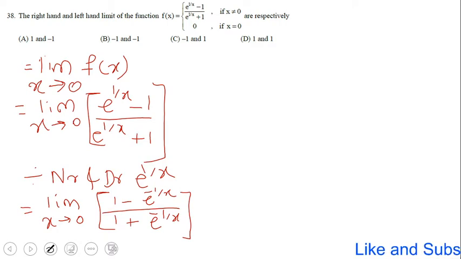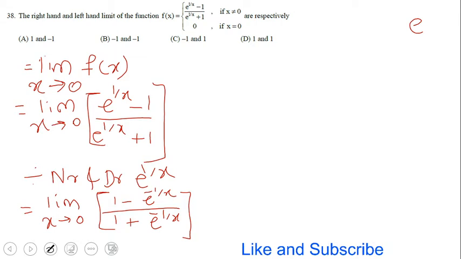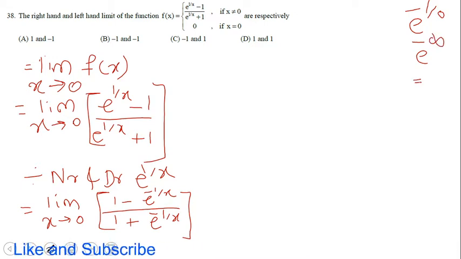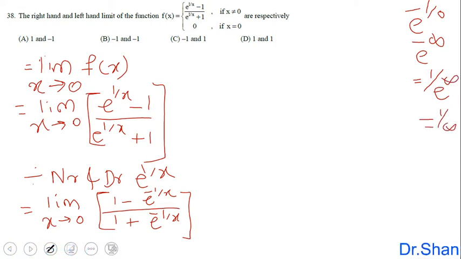Further, taking x as 0, it becomes e raised to minus 1 by 0. So e raised to minus anything divided by 0 is not defined, so we take it to the denominator as plus infinity, it becomes 1 divided by infinity. 1 by infinity is 0 here.